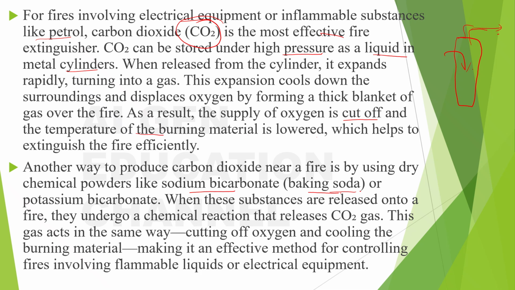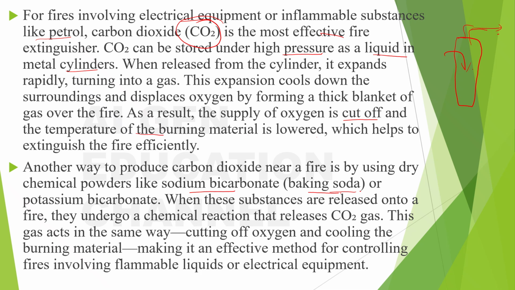When these substances are released onto fire, they undergo a chemical reaction that releases carbon dioxide gas. This gas acts in the same way, cutting off oxygen and cooling the burning material, making it an effective method for controlling fires involving flammable liquids or electrical equipment, right?